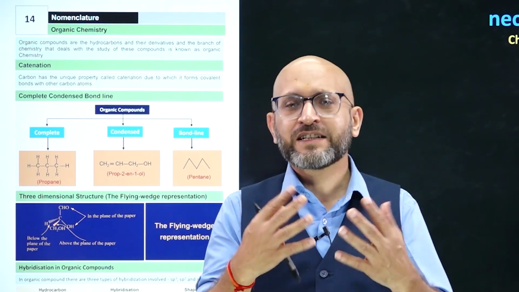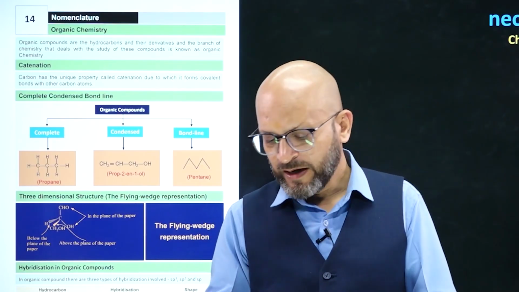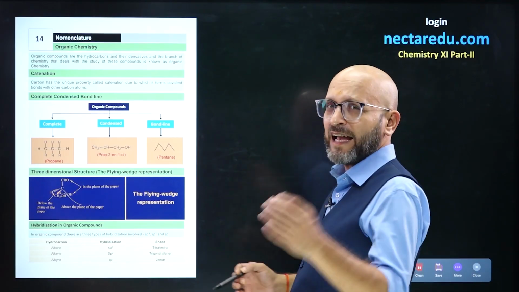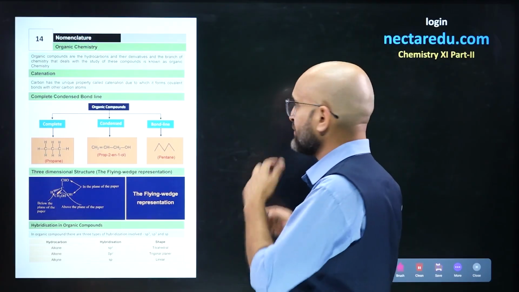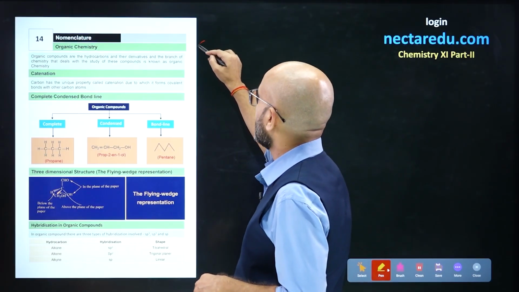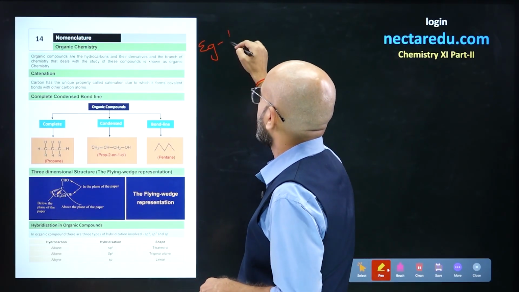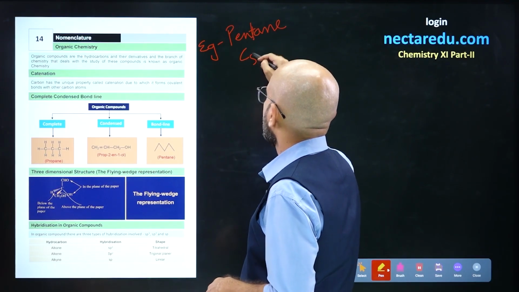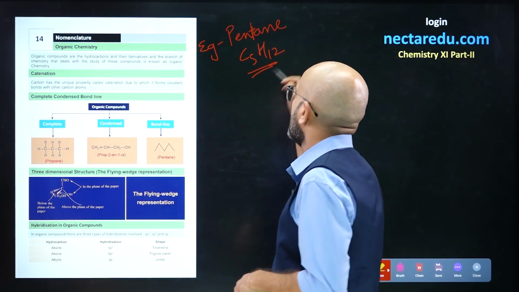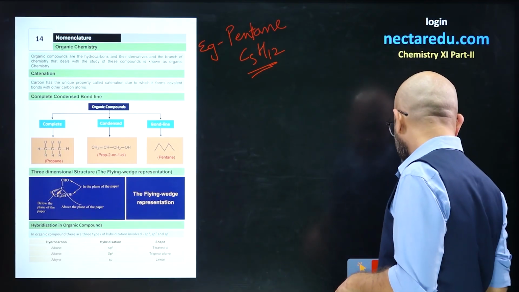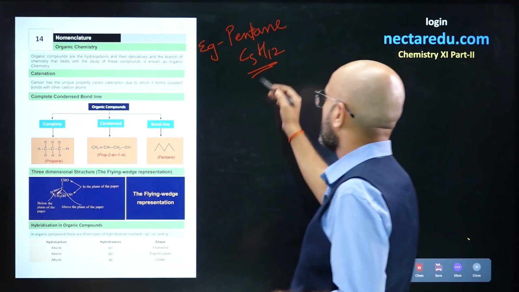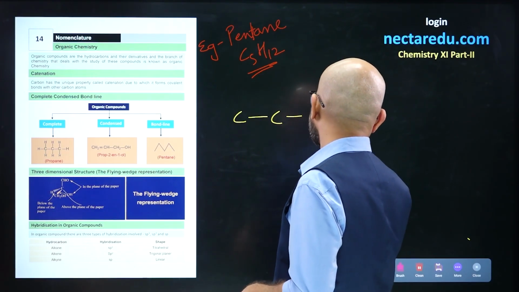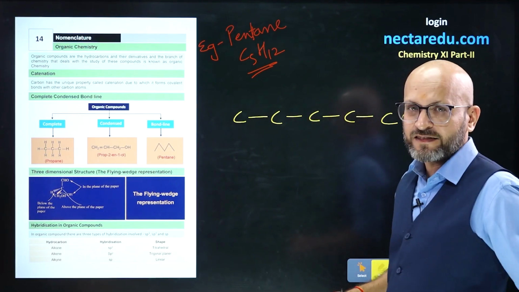Now, how to represent a molecule? I will show you how we can represent a molecule. We can represent any molecule in different ways. For example, if I take pentane, pentane has the formula C5H12. You can represent the structure of this compound like this. We have 5 carbons, so you can take 5 carbons connected to each other like this.